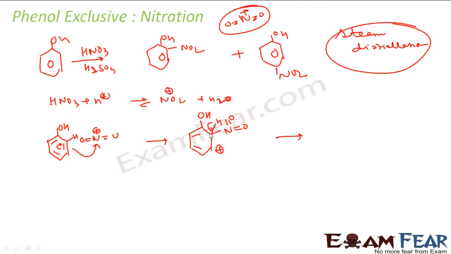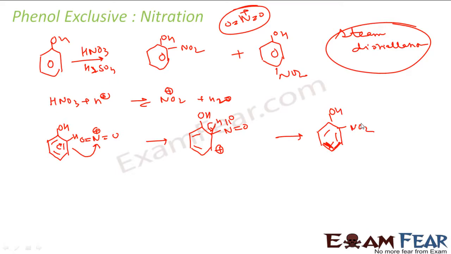This bond will break into plus and minus, this will become minus, this will become plus, and H plus will go off, and this minus and plus will again form a bond. This is NO2 and you will form a bond here. And this is what you get.